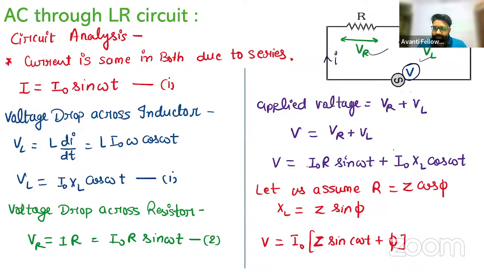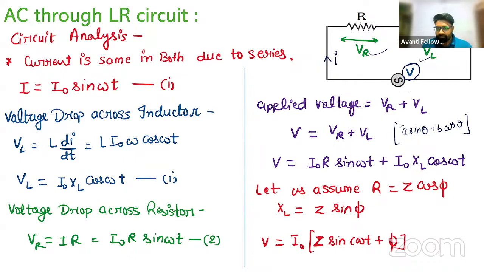Now put the value of VR and VL. This type of equation, A sin theta plus B cos theta, you have solved in class 11th in waves. So for that, what will you do?